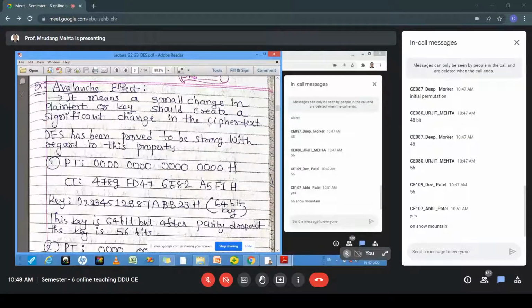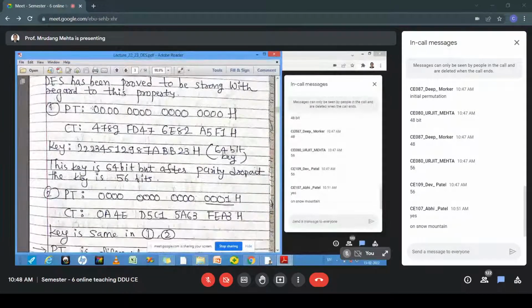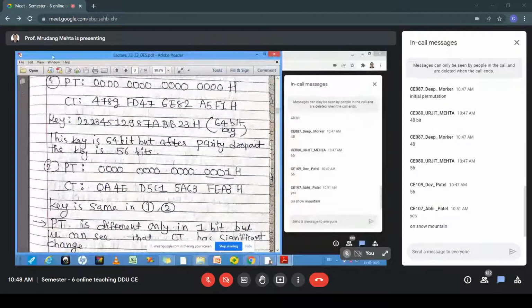The rate of change is huge. That is the meaning, right? DES has been proved to be strong with regard to this property. So in DES, we observe that the avalanche effect takes place. Let us see one example related to that. Suppose our plain text is this 64-bit value, 0000 with 16 such zeros, in hex. So 16 times 4 is 64.